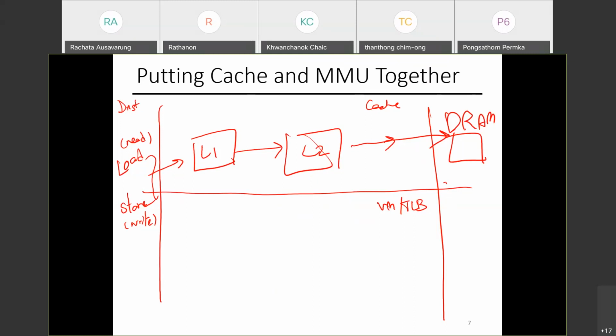When you look at the cache, is this virtual address or physical address for the part that's going to L1?